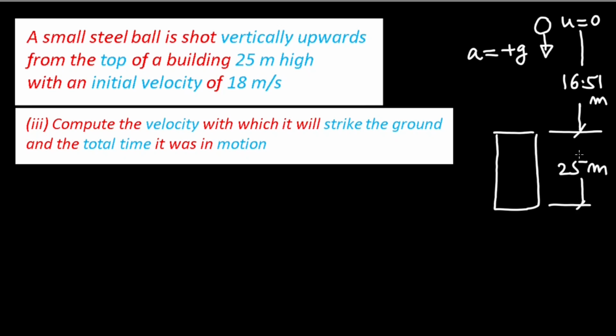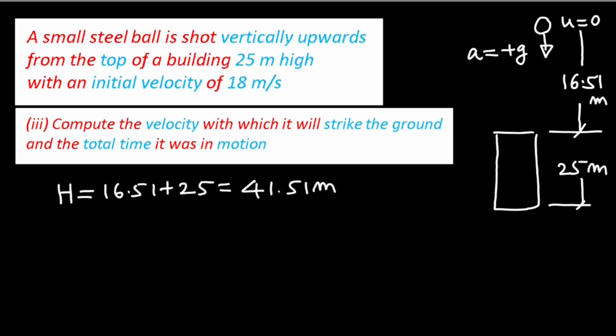So the total distance that the ball covers while moving down is capital H, which is 16.51 plus 25, which will be 41.51 meter.